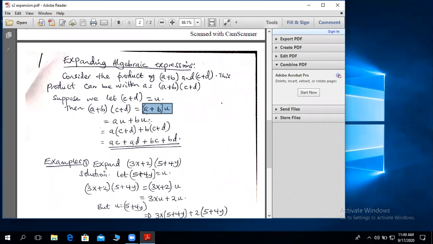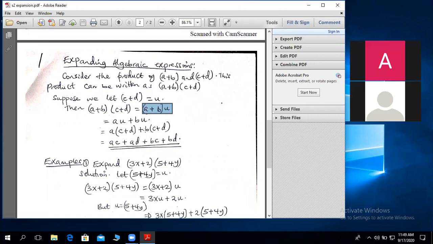But the value of U is C plus D. So where there is U, I put C plus D. So it becomes A into C plus D plus B into C plus D. When I open the bracket for the second time, I get AC plus AD plus B times C, which is BC, plus B times D, which is BD.